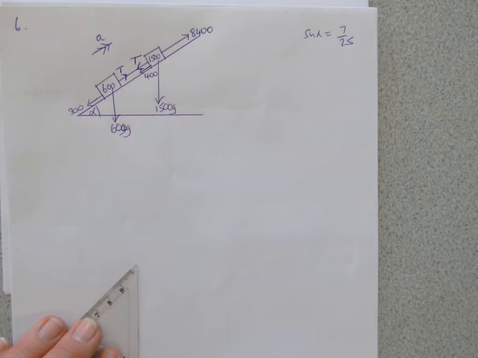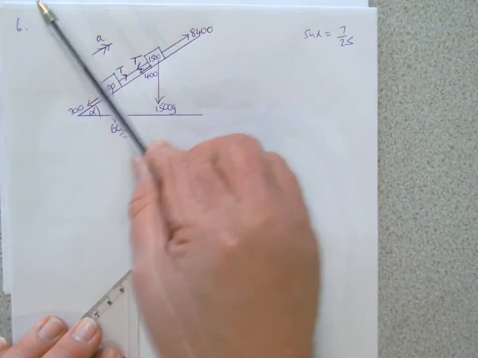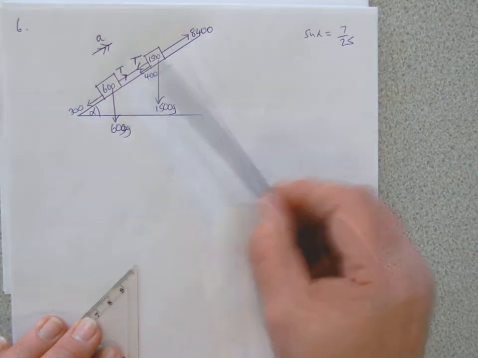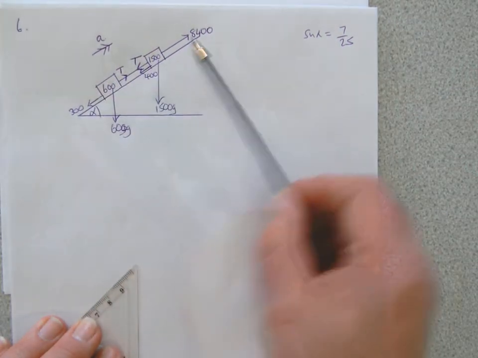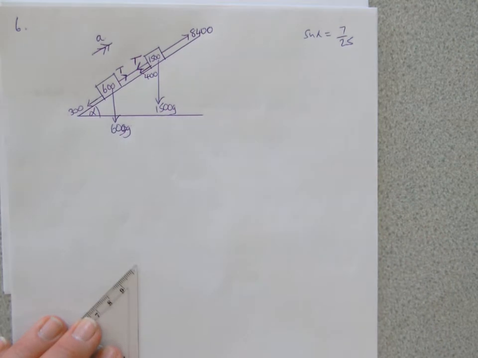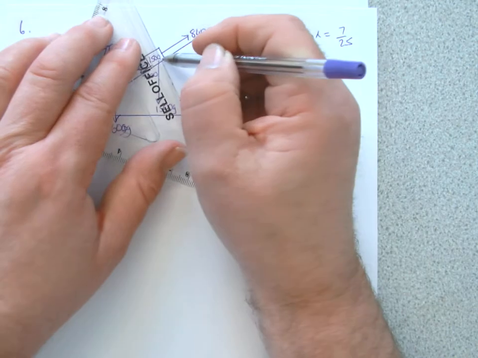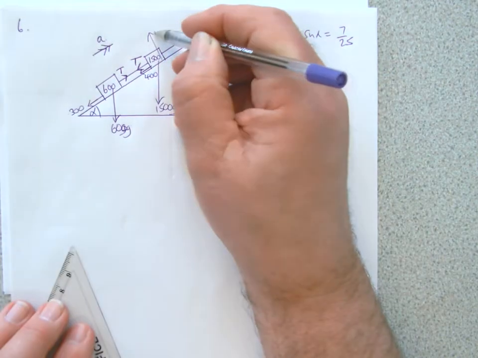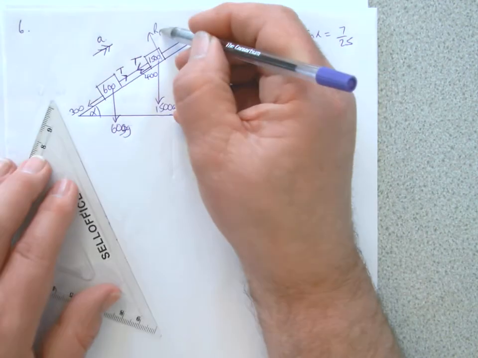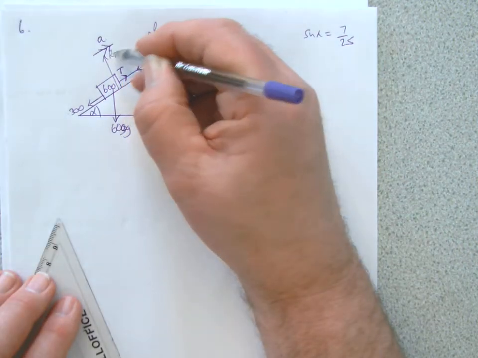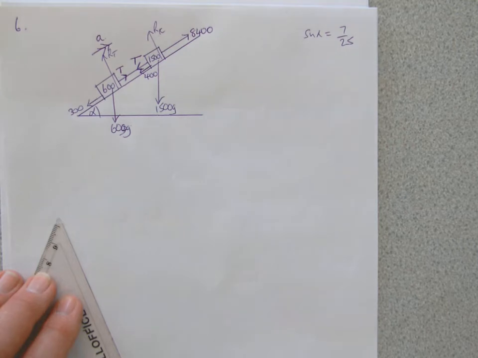So this diagram's getting a little bit messy now, right? There are normal reactions happening as well. Okay, because I want acceleration, I'm only really going to be dealing with parallel to the plane in this particular question. Okay, there are reactions. It's just going to be complicated. There's a reaction on the car there, and there's a reaction on the trailer there.